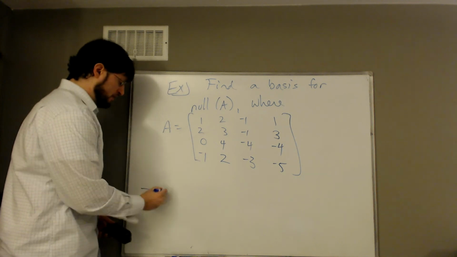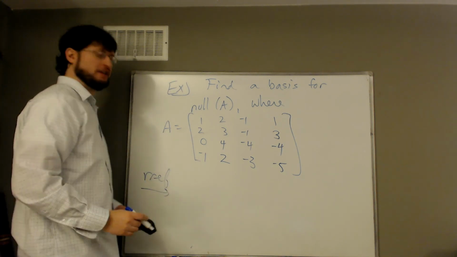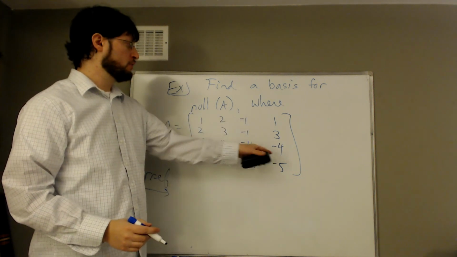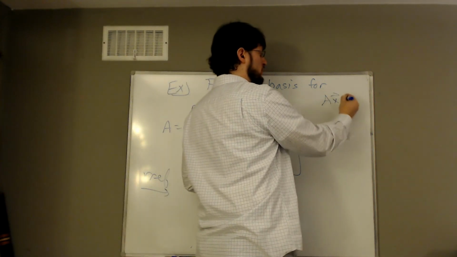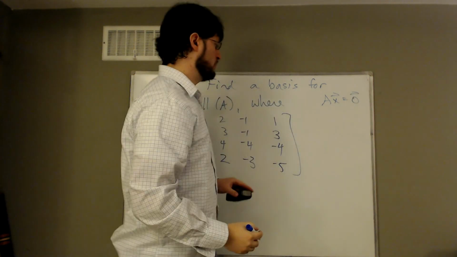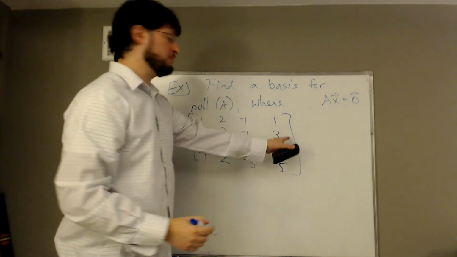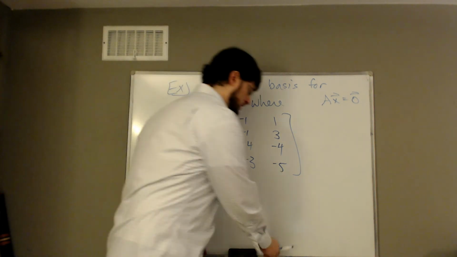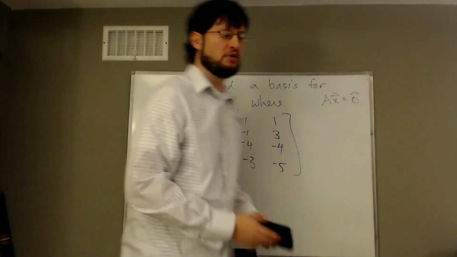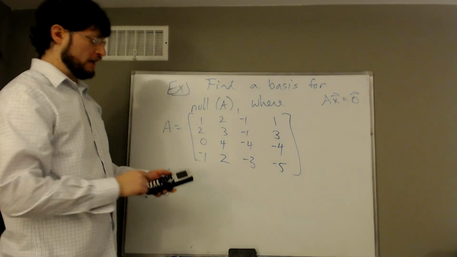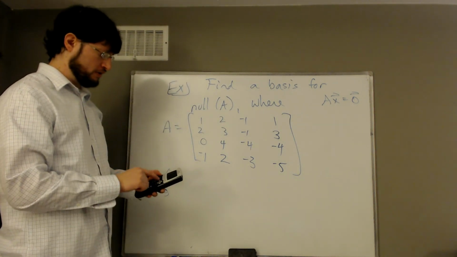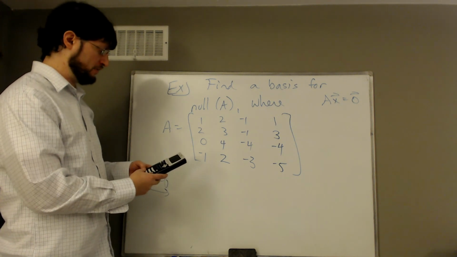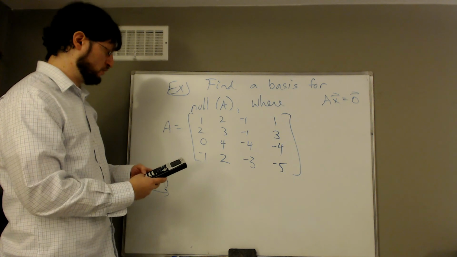Which we still get by row reducing, but remember really what we're doing, we're thinking about Ax equals 0, that's the null space, so we really are row reducing this matrix with an extra column of zeros. However, when you put an extra column of zeros and row reduce, that last column always stays as zeros. So we really can just row reduce this matrix and add a column of zeros at the end. So 4 by 4.